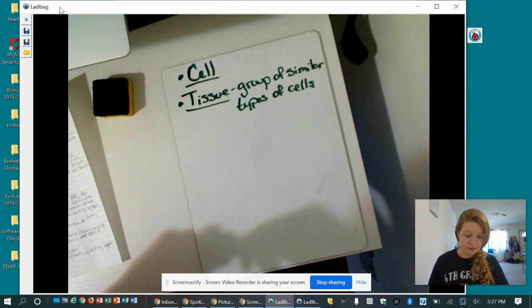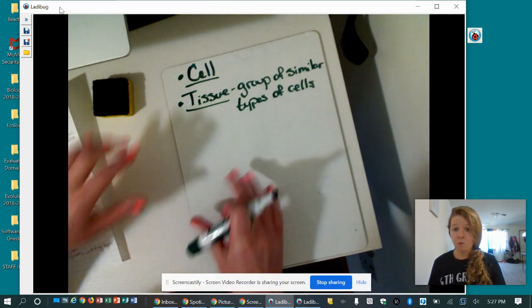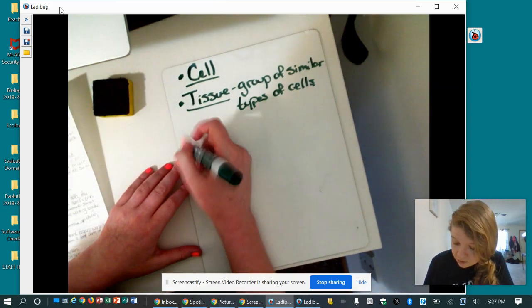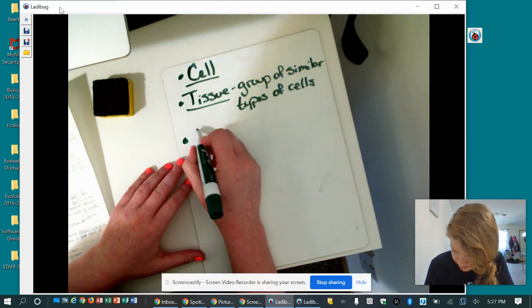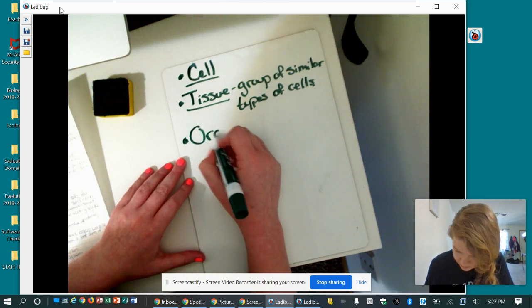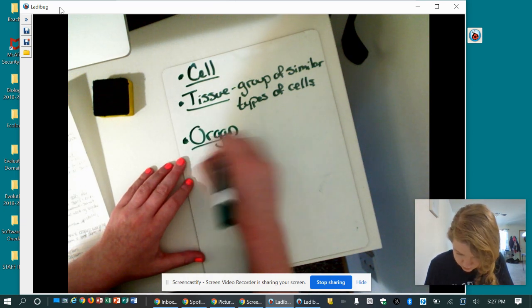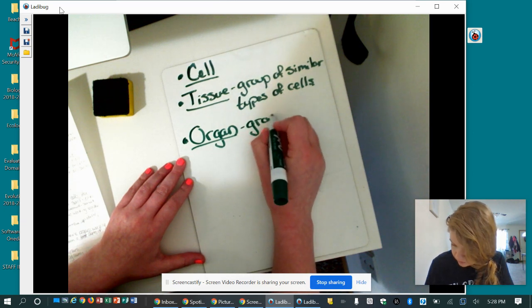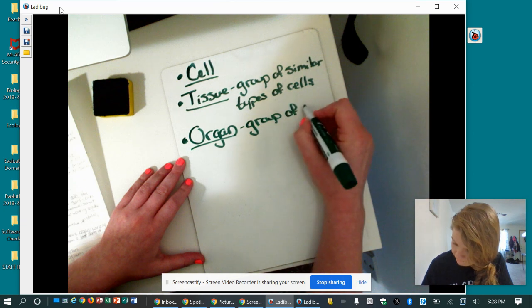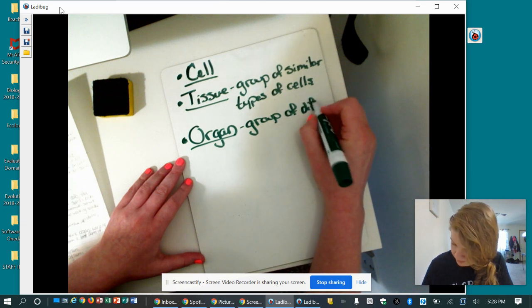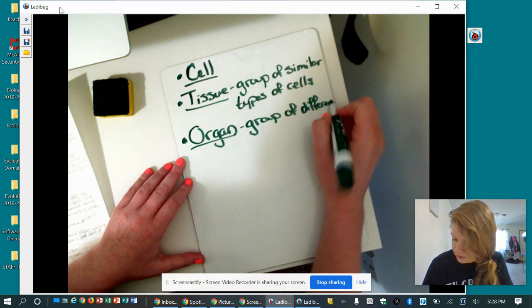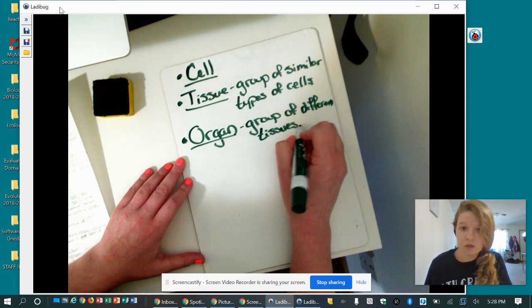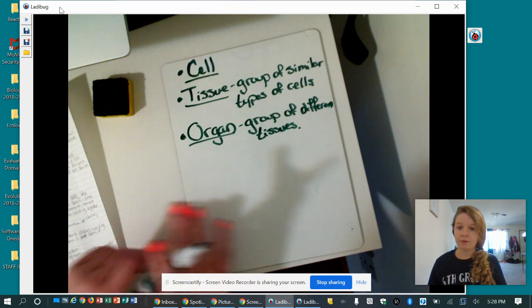All right. Now, what happens when we put a bunch of tissues together? Well, then that's what we call an organ. And you should all know this word before. So an organ is just a group of different tissues. Now, these different tissues are all working together to perform a job in your body.